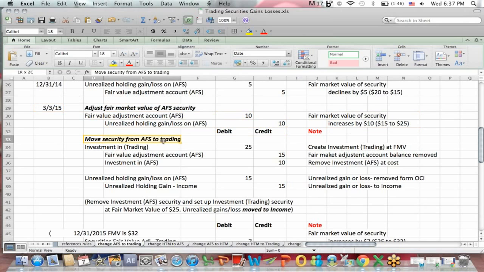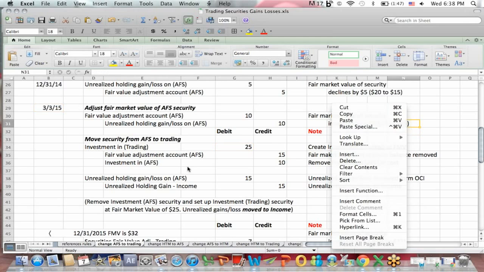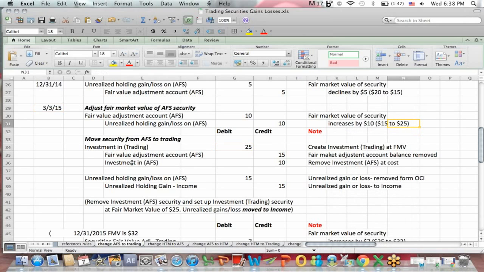The next step is we move the security from AFS to trading. So it's a three-step process in the journal entry. We create a new asset account called investment in trading security. We debit it for $25, which is the fair market value of the security on 3/3. We take the investment off the books, the investment in available for sale at $10, which was our original cost.